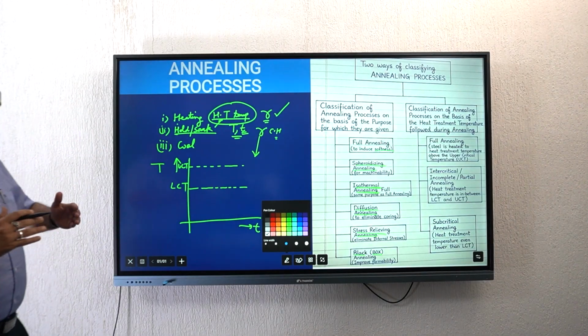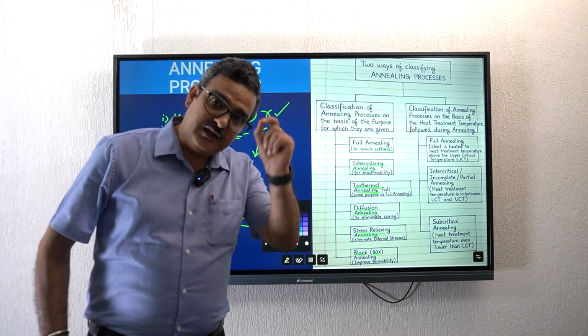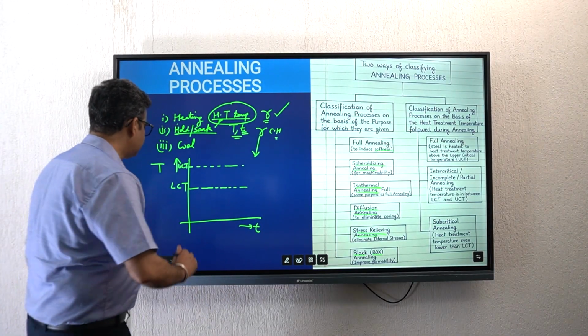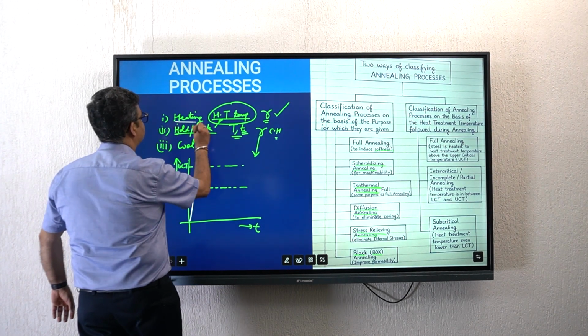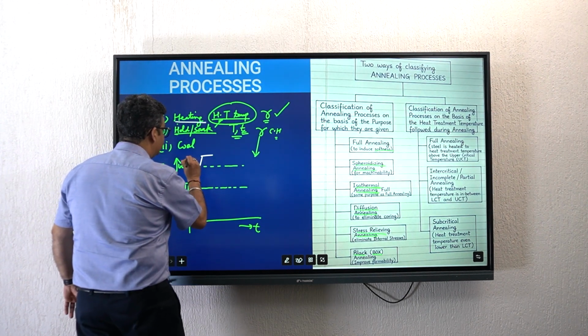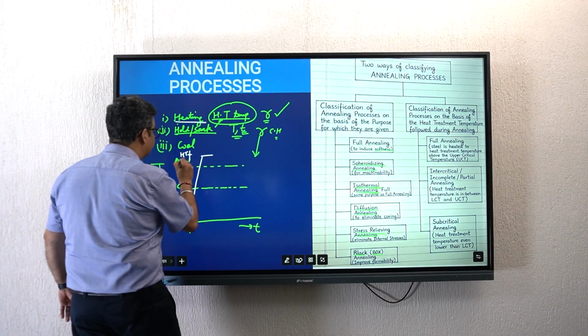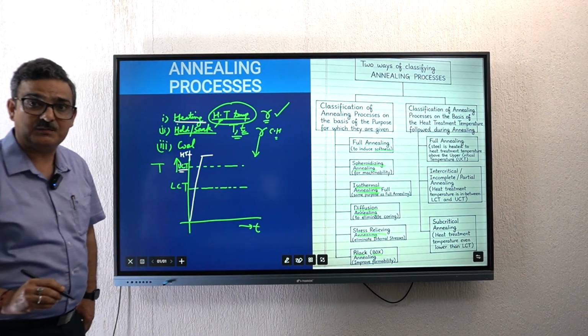And now some annealing has to be given to it. In any annealing process, whatsoever may be the purpose, if during annealing I am taking the steel in the first step to a heat treatment temperature higher than, in excess of, the upper critical temperature of the steel that has been taken.